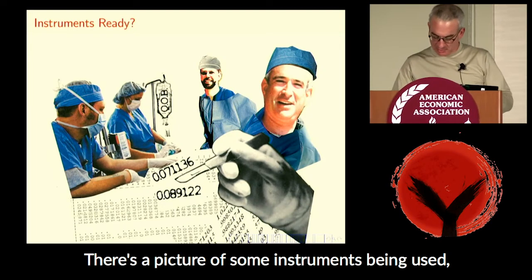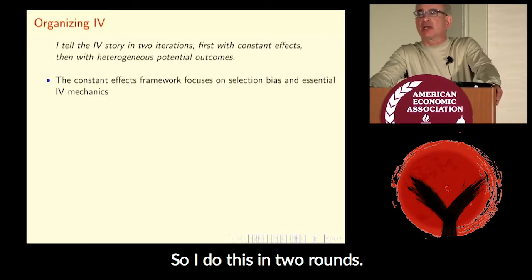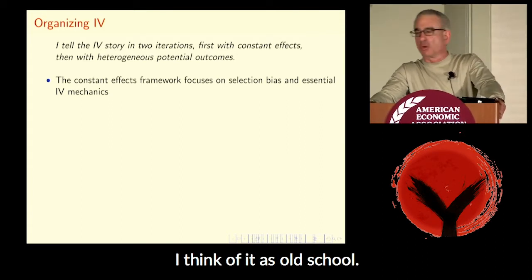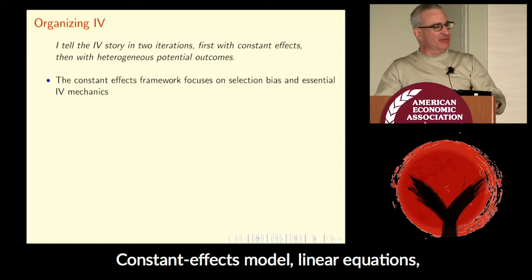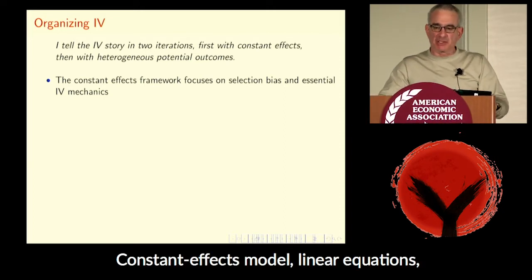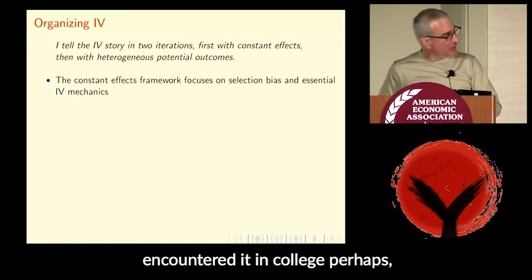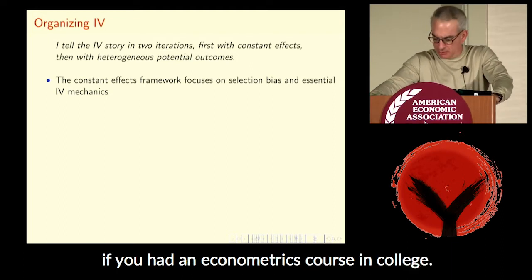There's a picture of some instruments being used. So I do this in 2 rounds. One is sort of old school. I think of it as old school. Constant effects model, linear equations, and so on and so forth. So this is more or less the way you will have encountered it in college, perhaps, if you had an econometrics course in college.